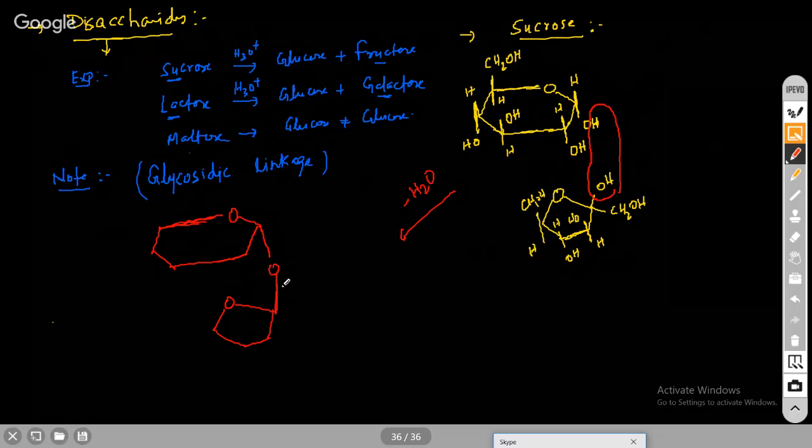This hydrogen will be as it is, and CH2OH will be as it is. You can draw the other atoms on this carbon; everything will be the same. So this linkage that you have is glucosidic linkage, right?